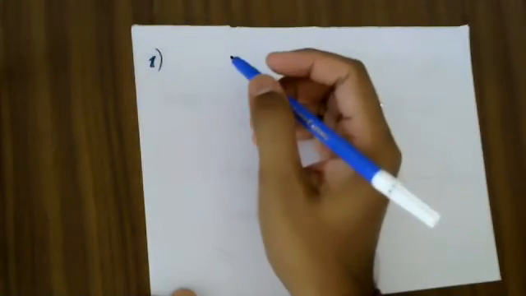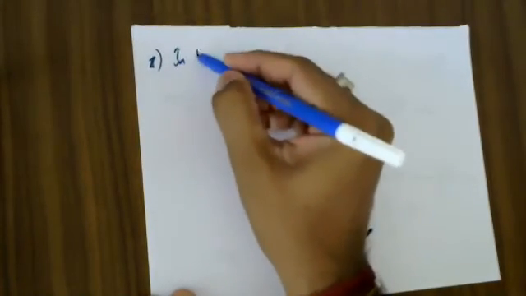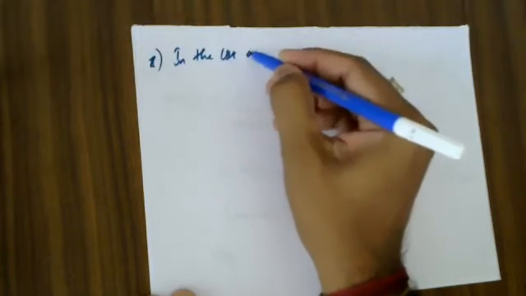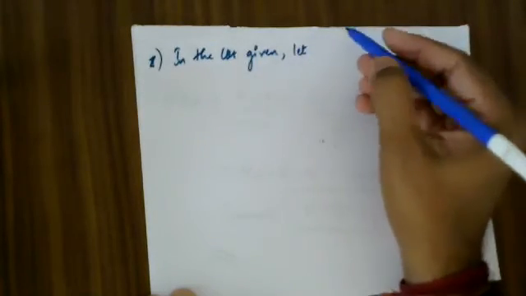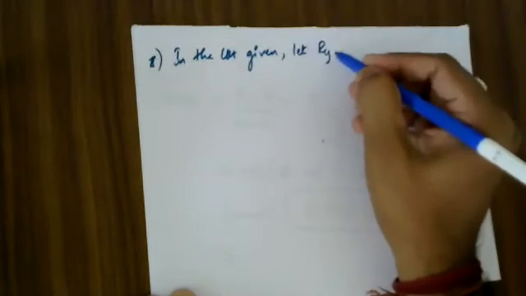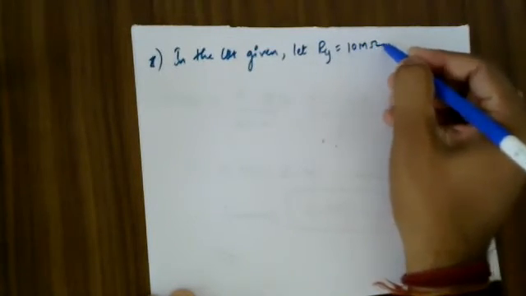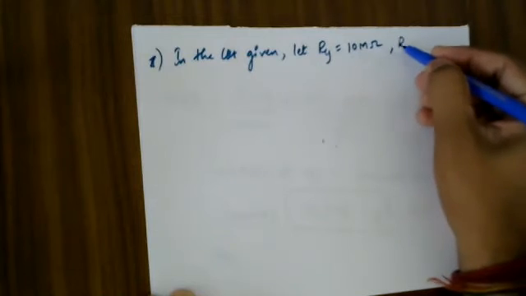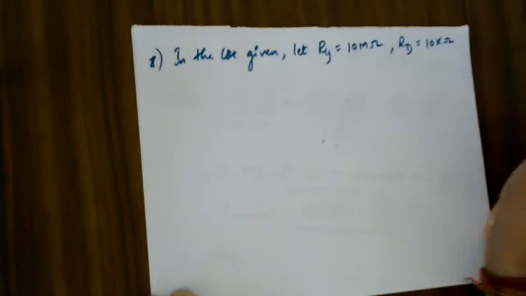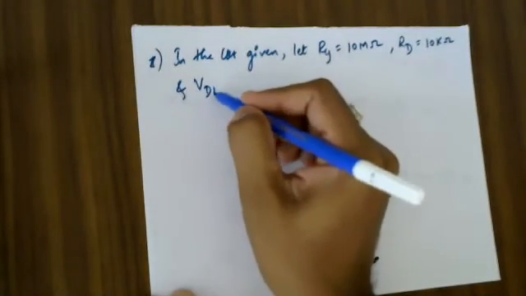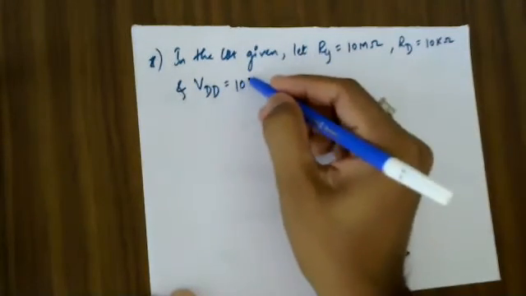Okay. So now we'll take up the last numerical for the day. So he's saying that in the circuit given, let RG be equal to 10 mega ohm. So it's given us the value of RG. RD is equal to 10 kilo ohm, and VDD is equal to 10 volts.